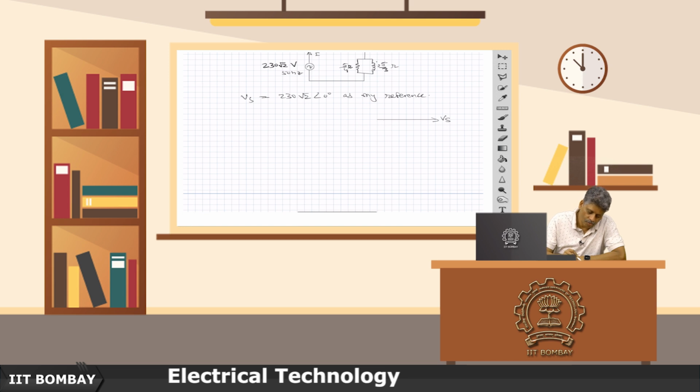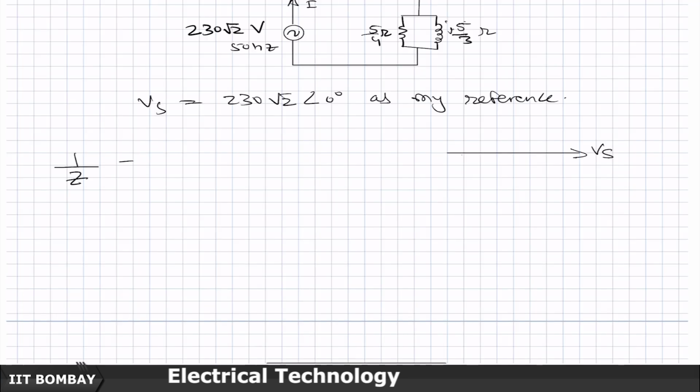So, now because this is a parallel circuit, what we are going to say is 1 by Z is going to be equal to, just like parallel resistors, we have to add the reciprocal of the impedances.